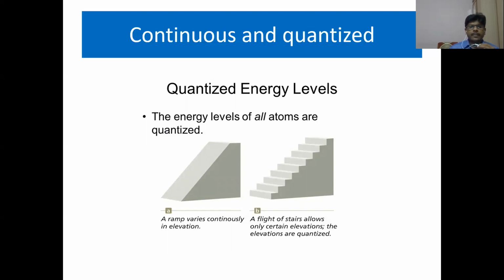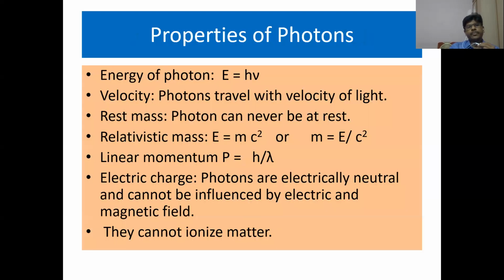Whereas figure B shows you a flight of staircase. The first step, second step, third step, which has got a parallelism between the discrete values of energy. So if you picturize this in your mind, you can very clearly understand the difference between continuous and discrete. Henceforth, in all our discussion, we'll be extensively using Planck's law, which deals with discrete values of energy.